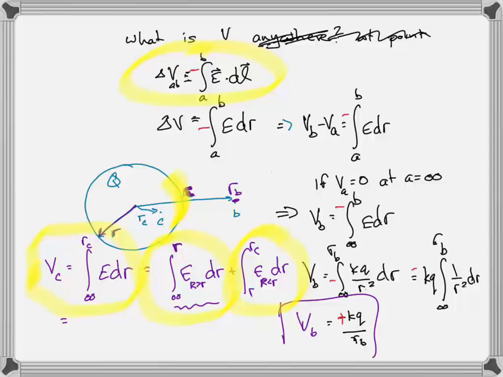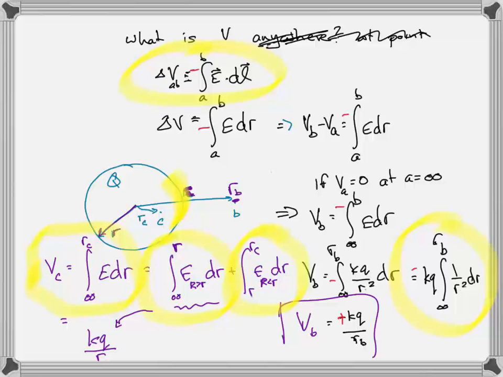So what we end up getting is what I had said to begin with. For the first term, we get KQ over R. That is the potential that we get when we integrate from infinity to R. That would just be taking this here and making RB equal to R, because the electric field is the same.